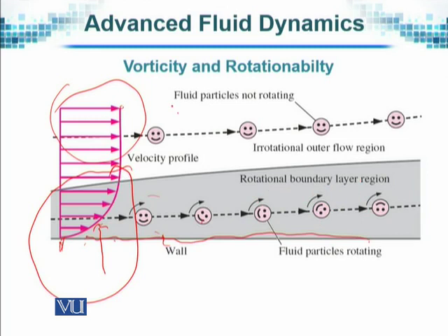But away from it, where there is no viscosity, you can see that the particles stay in their shape. They retain their shape. And therefore, this area is almost irrotational. And we call it the outer area away from the solid body.